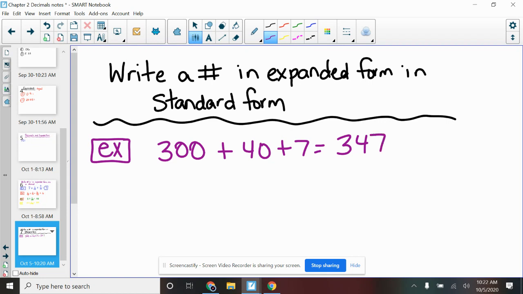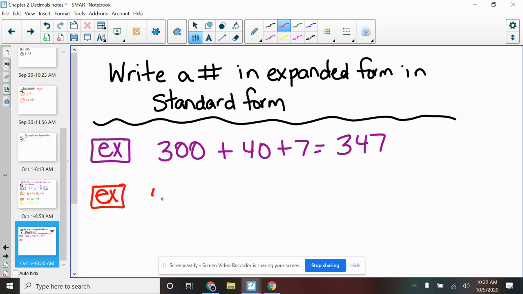So do you think it's going to get harder if we add decimals to it? No. We're still going to do the same thing. It's just now we're going to have numbers in decimal length. Okay? So let's try one like that. Here's another example.